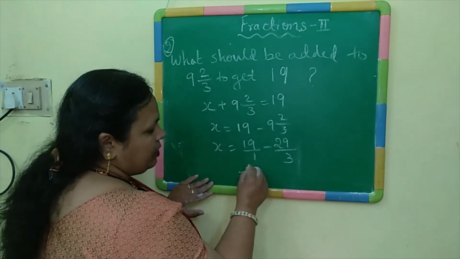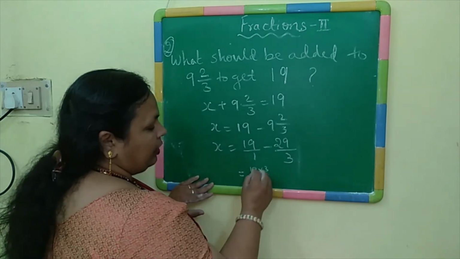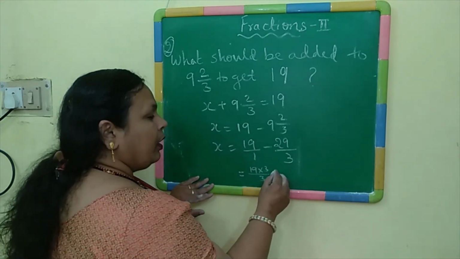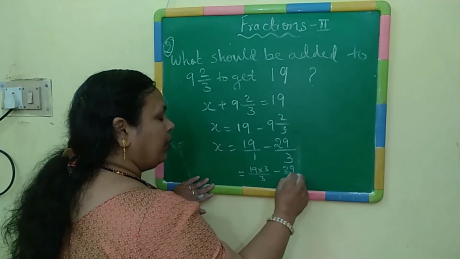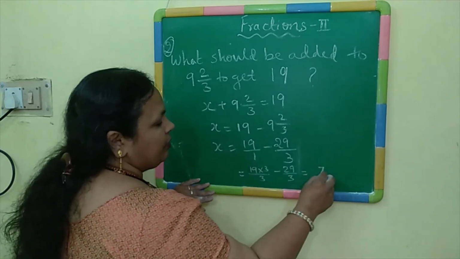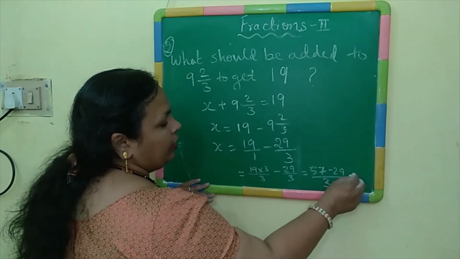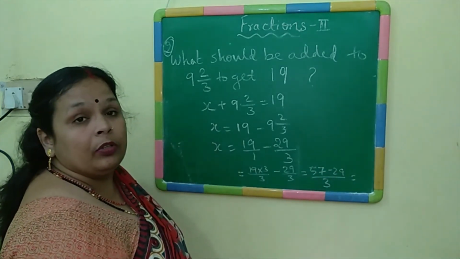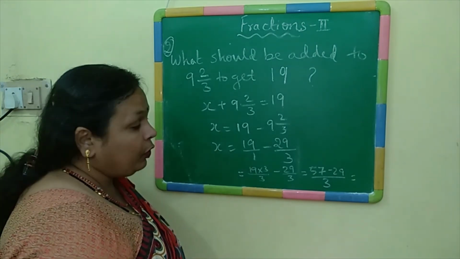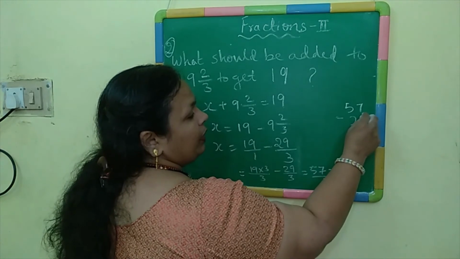So this becomes 19 into 3 by 3. That is how it is, 1 into 3. Minus 29 by 3, which comes as 57 minus 29 by 3, which will give you 57 minus 29.